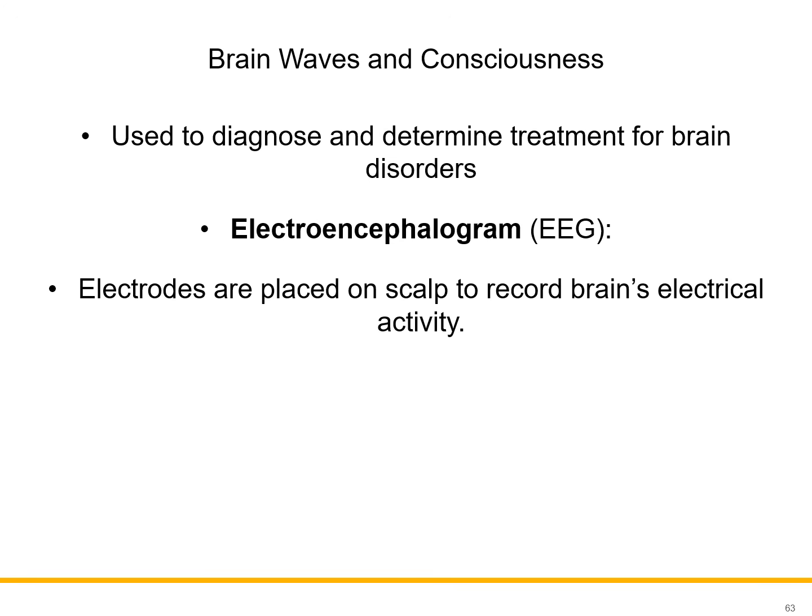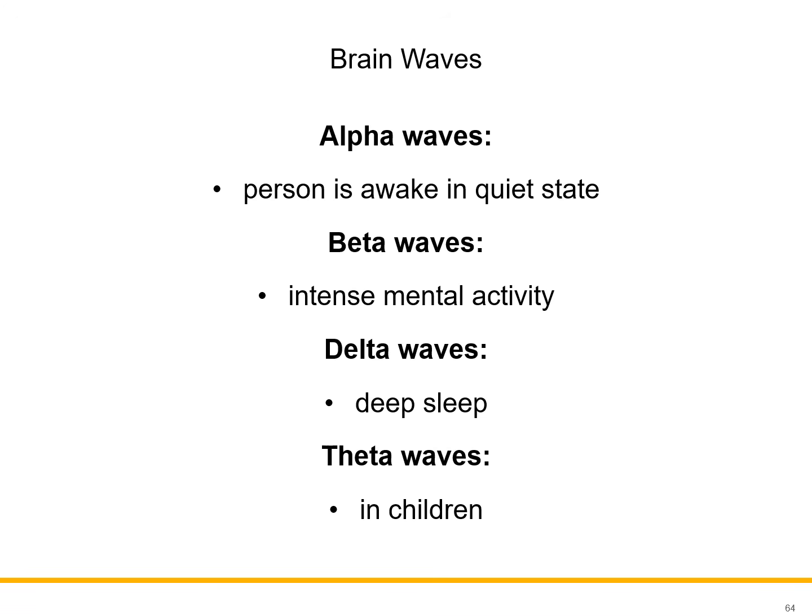Now, how are disorders of the brain diagnosed? With the help of the electroencephalogram, or EEG, doctors will be able to monitor the electrical activities of the brain. Listed here are the different brain waves na nobserve din po ng mga scientists using the electroencephalogram.